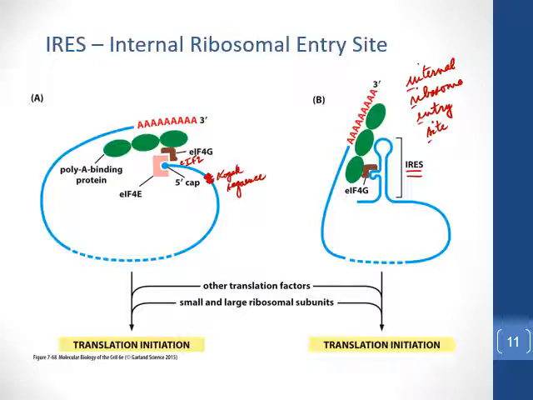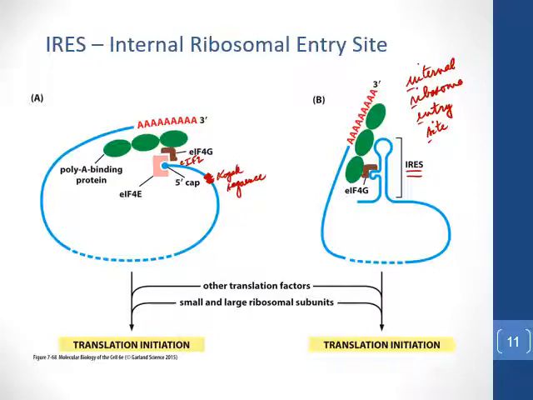It turns out that with an IRES, you don't assemble this translation initiation complex at the 5' end. So the process that we described of assembling this translation initiation complex at the 5' end and then scanning, looking for the Kozak sequence is not the way this works. Rather, if an mRNA has an IRES, then the ribosome binds internally and you bypass all that. That's why it's called an internal ribosomal entry site.